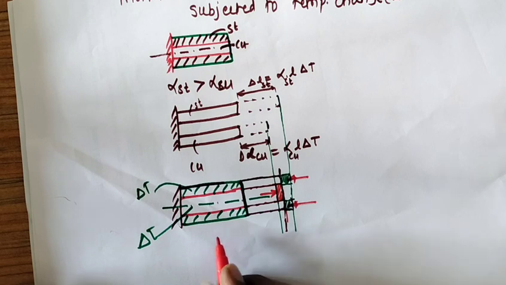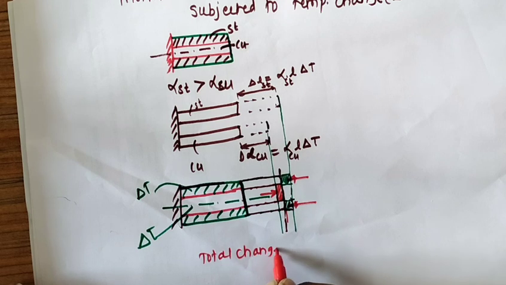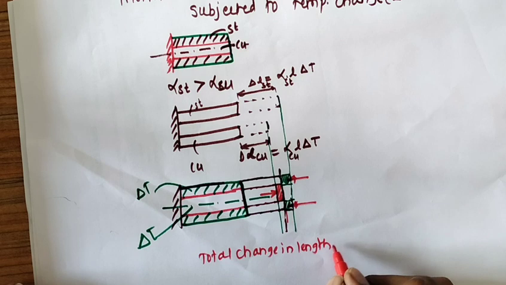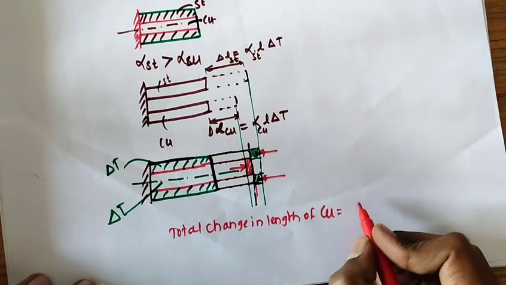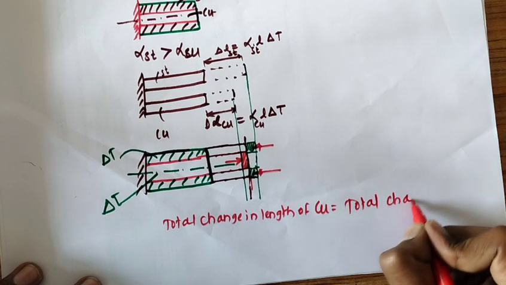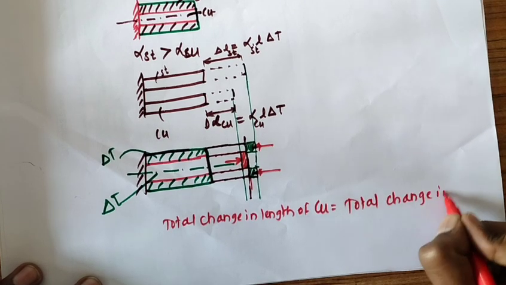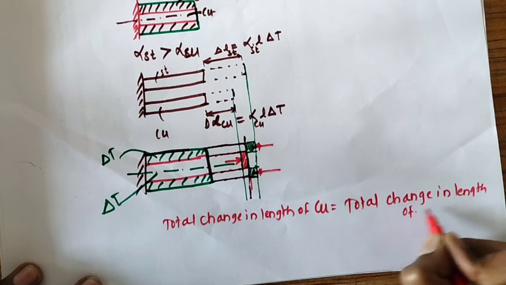So we can write total change in length of copper is equal to total change in length of Cu.